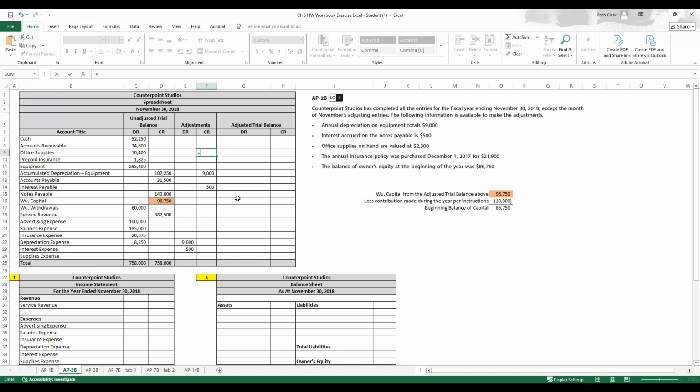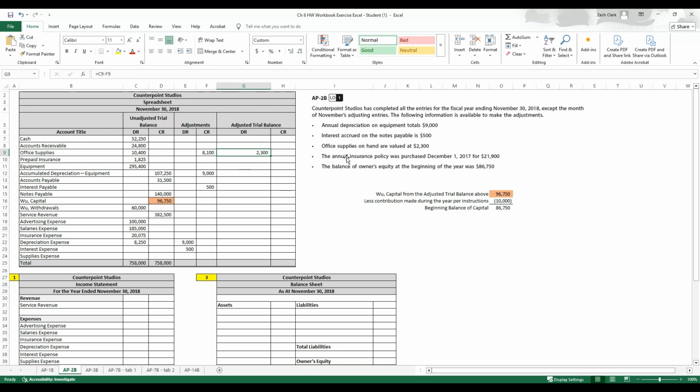But what we can do is we can say 10,400 minus 2,300 is 8,100. And then you can see here we had a debit balance to start. A credit reduces the asset, and we end up with 2,300 as the ending value, which matches our actual physical count that we went out and did and how we figured out what the value was that we had on hand at the end of the year.